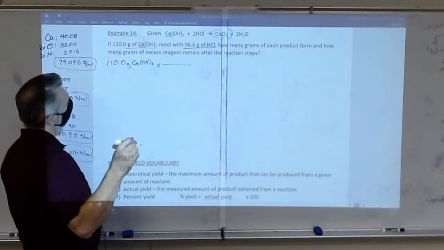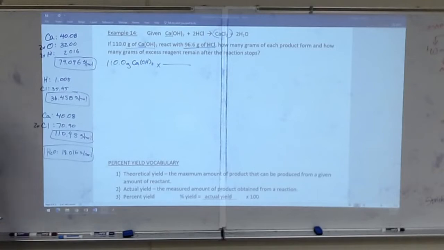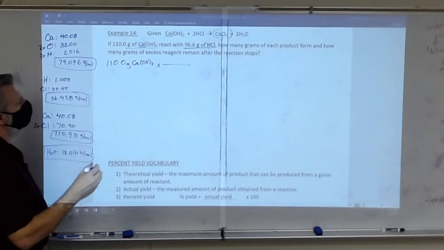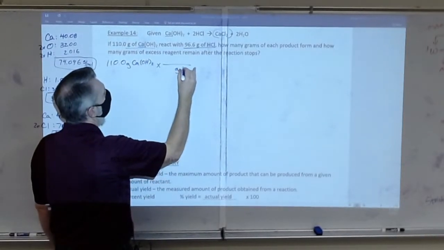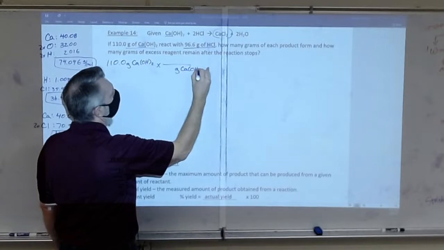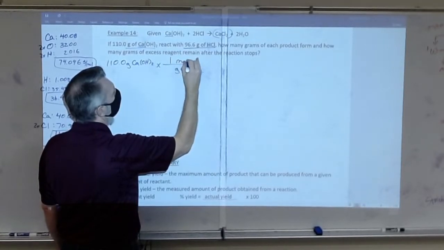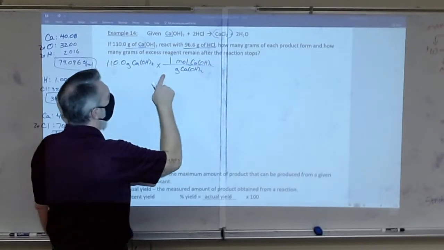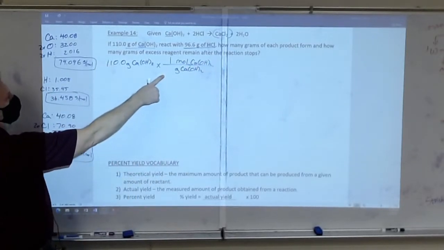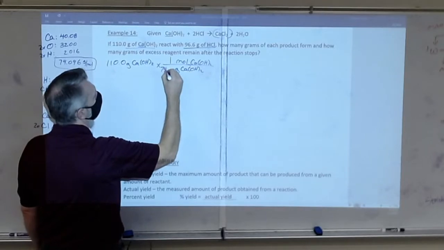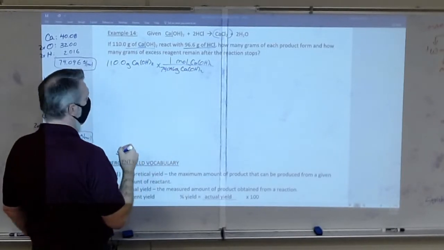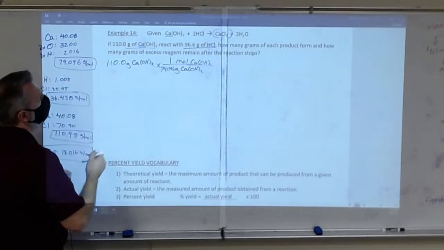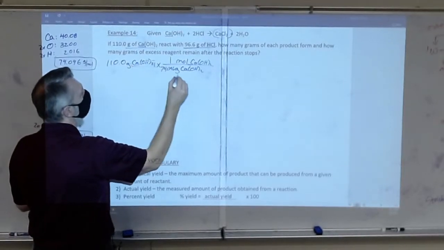So we're going to convert 110 grams of calcium hydroxide first into moles of calcium hydroxide. So I'm going to have grams of Ca(OH)2 and 1 mole. And what's the number that's going here?